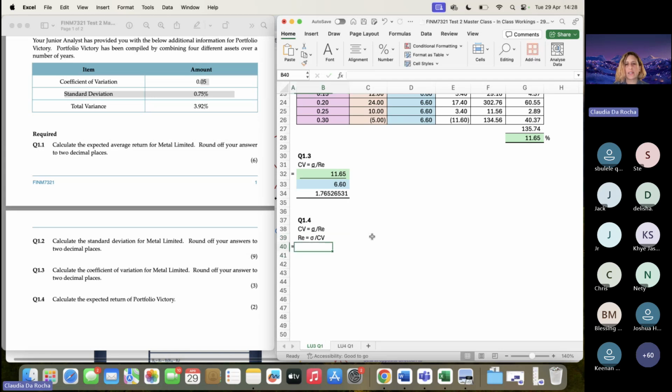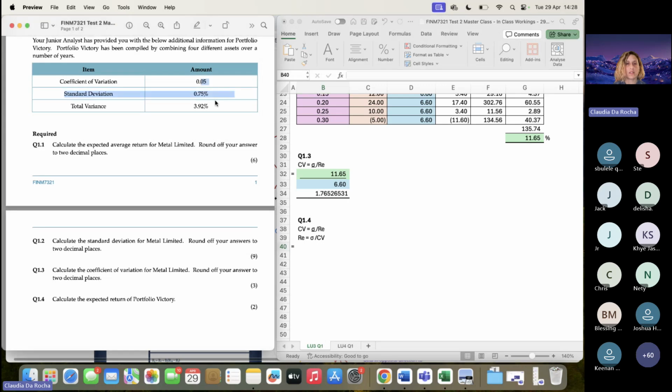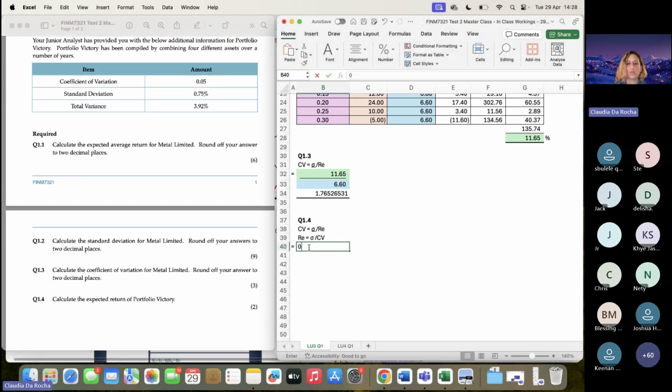So what does it give us? We know for this one, it's a portfolio now that we're dealing with. Our sigma or standard deviation is 0.75, and our coefficient of variation is 0.05. So it means our answer is 15.